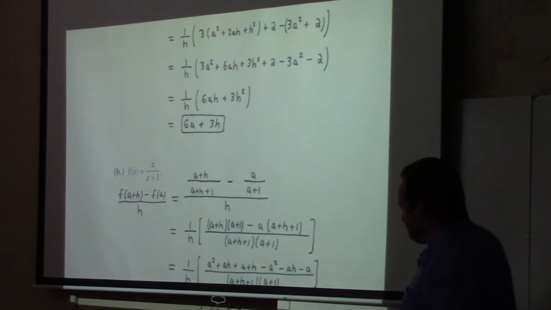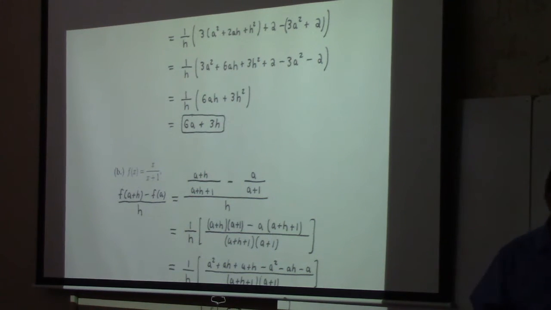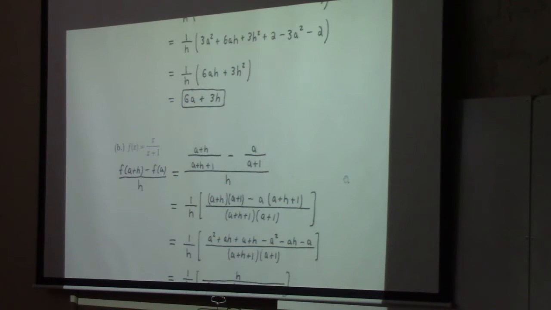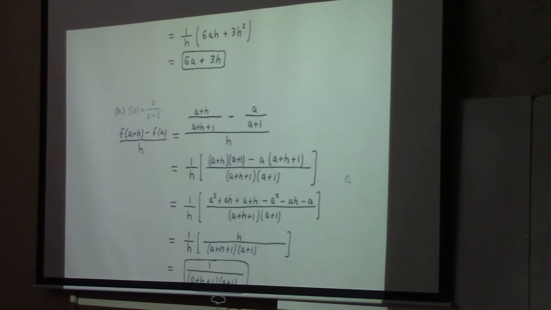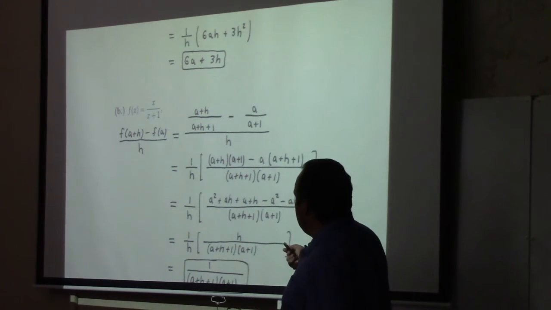So here's the next one. I write 1 over h out front to make it easier to look at. And then I make a common denominator. So to make a common denominator, I multiply the a plus h plus 1 by a plus 1, and I multiply the a plus 1 by a plus h plus 1. So see that there and that there.